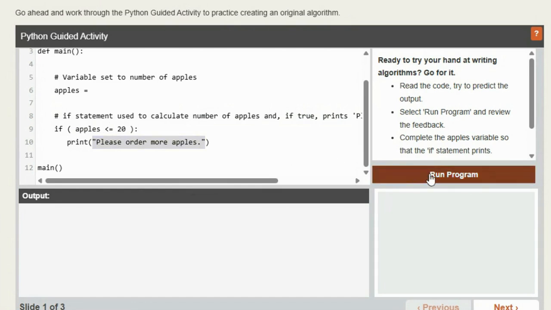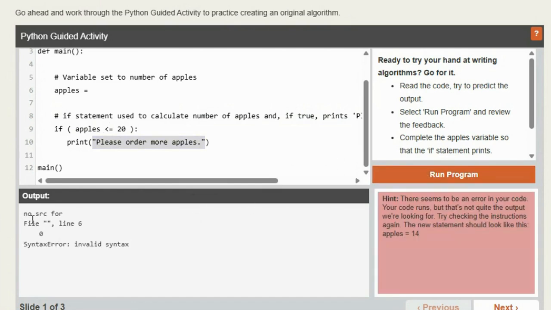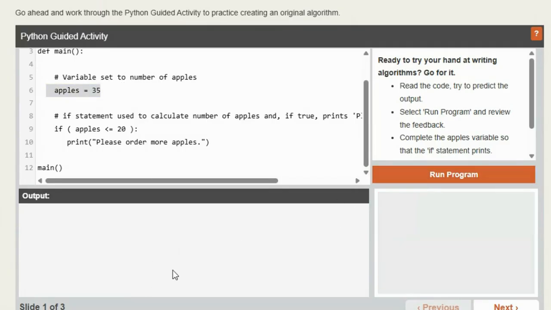So when we hit run, right now it says, uh-oh, no SRC for file line 6. It's saying line 6 is an error. But yeah, because we didn't tell it how many apples. It just says apples equals. So let's say we've got 35 apples. So we're going to say apples equals 35. Now when we run the program, it doesn't do anything, because all this does is, if the apples is less than 20 or equal to 20, it'll print that.